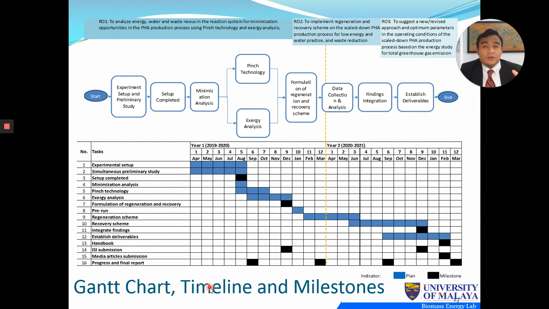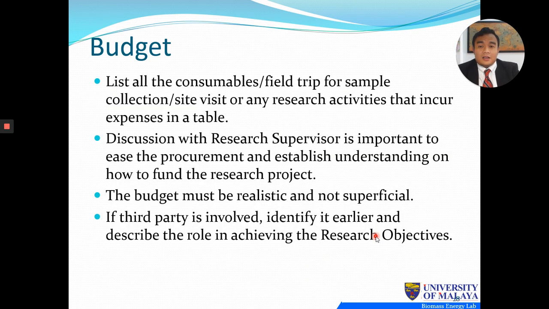It is a guide so that you won't go astray throughout your research study, going somewhere else because you didn't really have a guide, a statement on what you are doing. So this is just an example. There are many ways of doing your Gantt chart, timeline, milestone, and you could always discuss it with your supervisor.